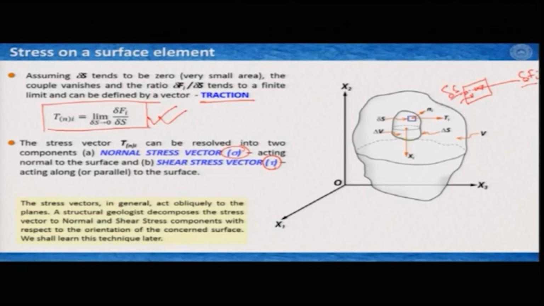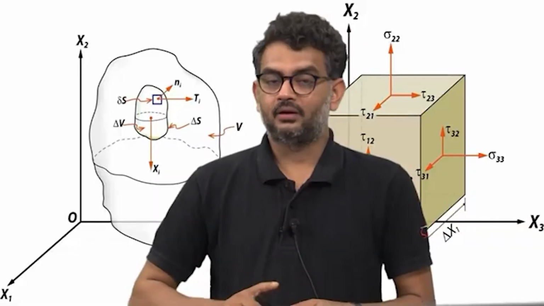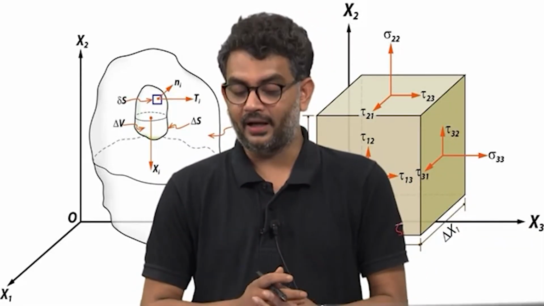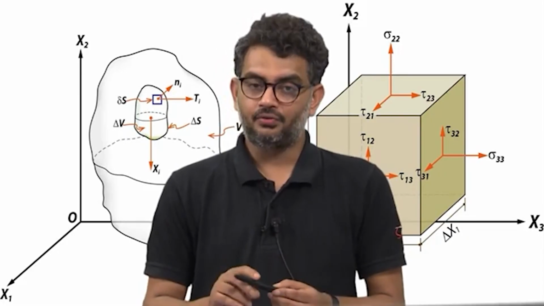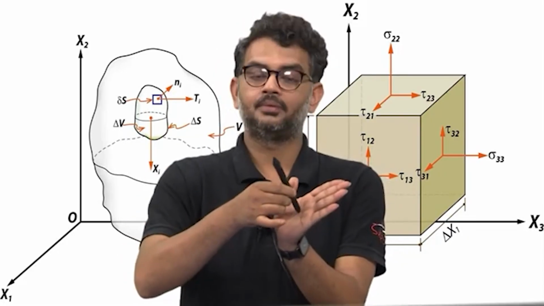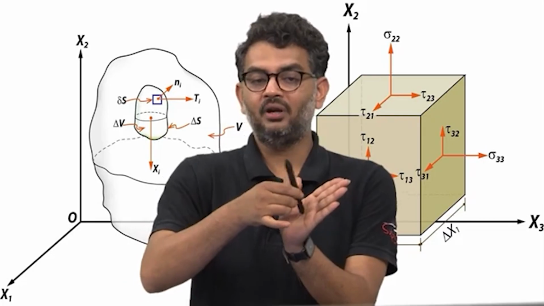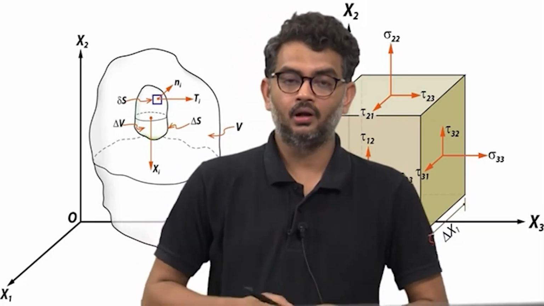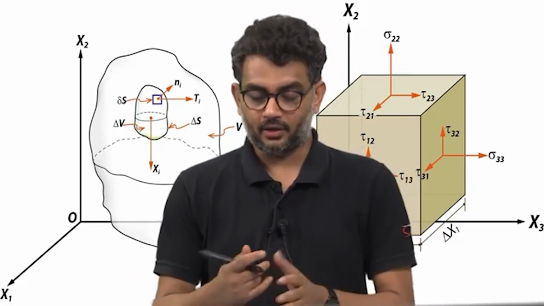Now, we will learn about this technique later, but what I tried to convey with this statement is that if we have a force acting on this surface, we can immediately resolve it to the normal and shear stress components by simple vectors.